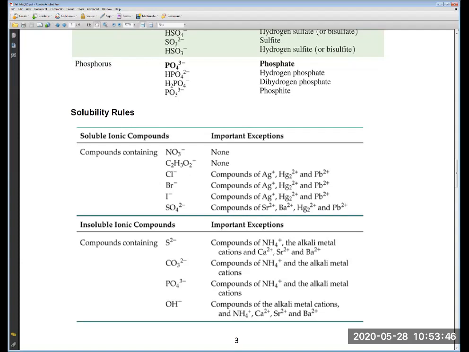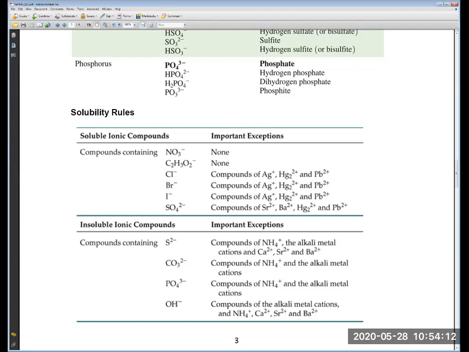So whenever you have OH minus, it typically makes an insoluble ionic compound, except there are important exceptions. If you look at the line of OH minus, it says compounds of the alkali metal cations and NH4+, that's ammonium, calcium, strontium, and barium are exceptions, which means they are soluble.